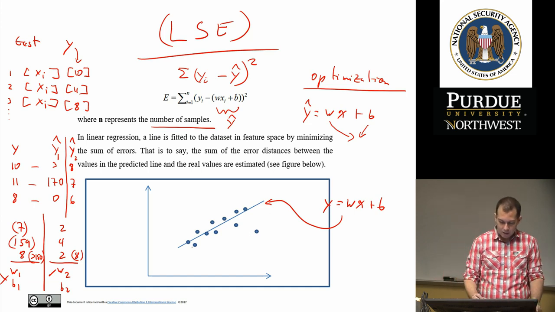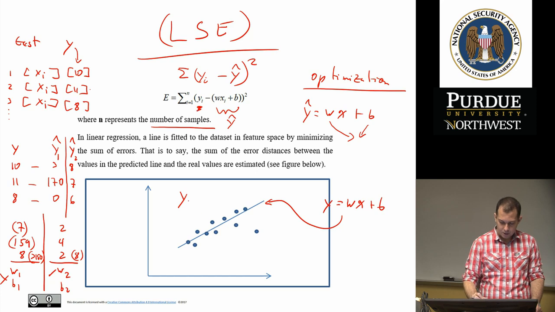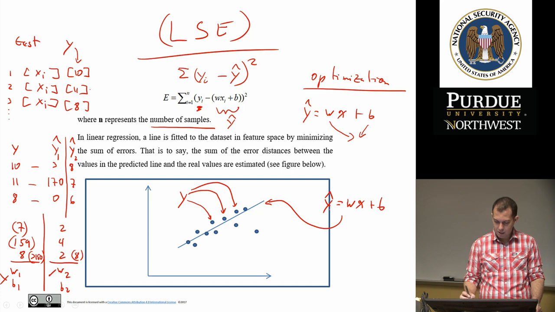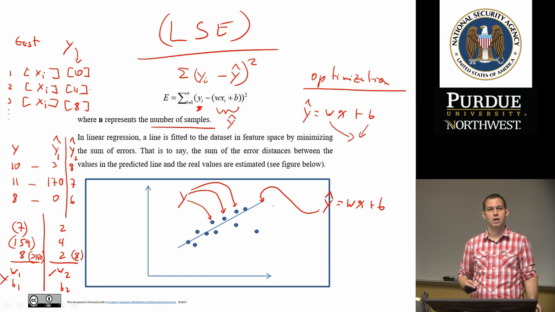And then the points that you see scattered here represent the y, the actual data. And y hat actually represents the line. Let me just draw that here. So y hat is the line itself.